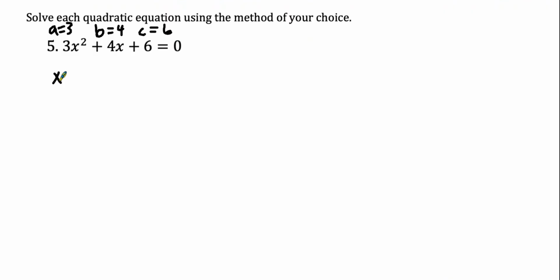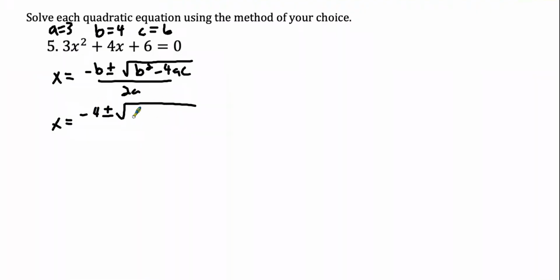So x equals -b plus or minus the square root of b squared minus 4ac all over 2a. And just plug in our values. So the opposite of 4 plus or minus the square root of 4 squared minus 4 times a times c all over 2 times a. And then we just simplify from here.